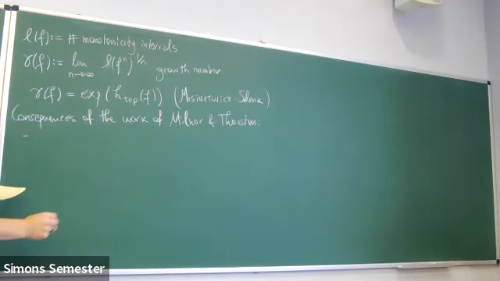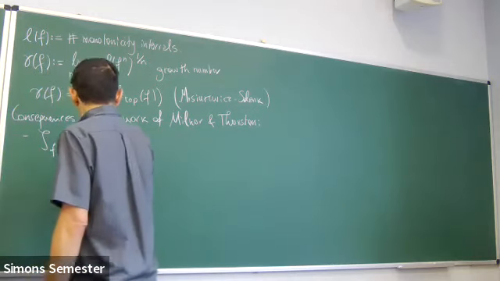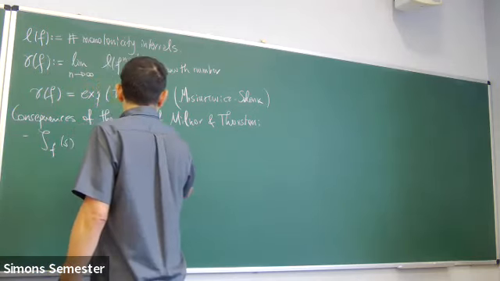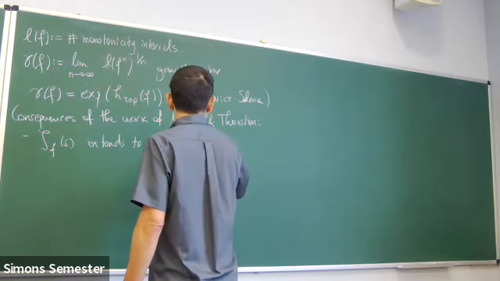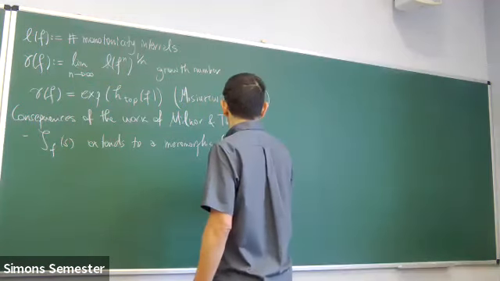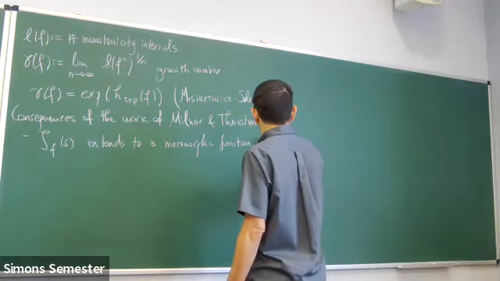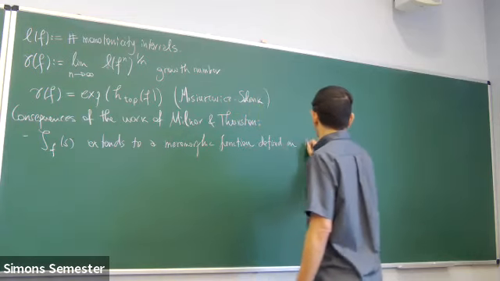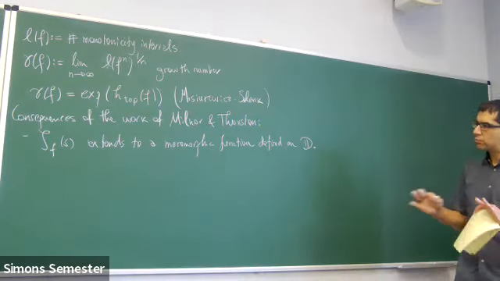So the first one is that the Artin-Mazur zeta function extends to a meromorphic function defined on the unit disk.